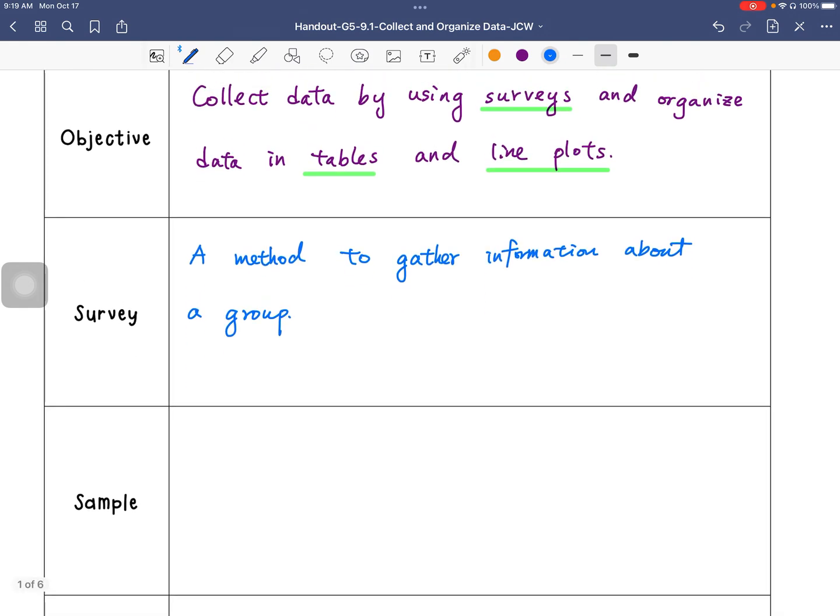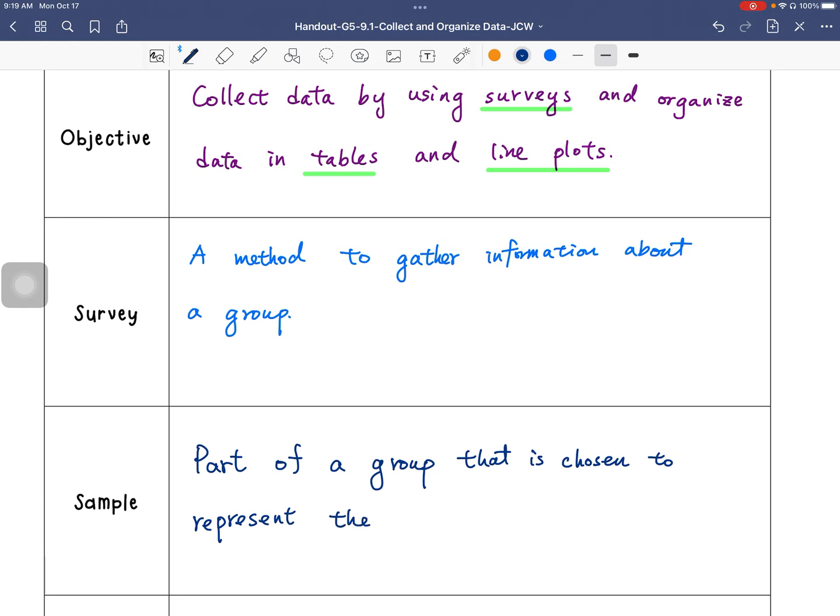And then what is a sample? The sample represents the population fairly. So a sample is part of the group that is chosen to represent the group.